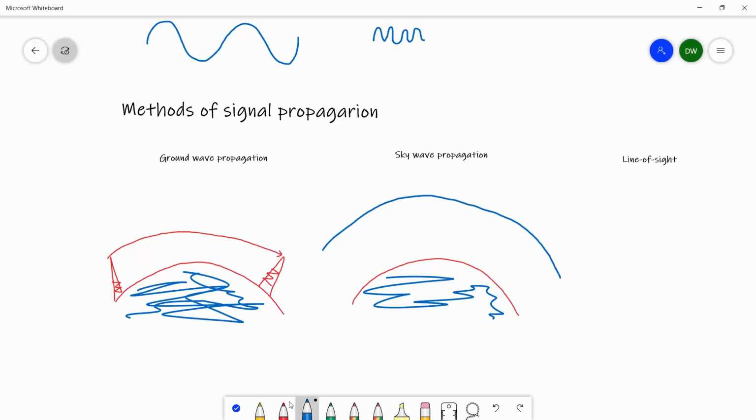So here what happens is if we have two antennas, one here and the other one here, the way signal propagate is the signal will go up and ionosphere will reflect that signal back to earth, and then again earth will reflect back to ionosphere. Like that it will reflect in between ionosphere and earth and then receive the destination.